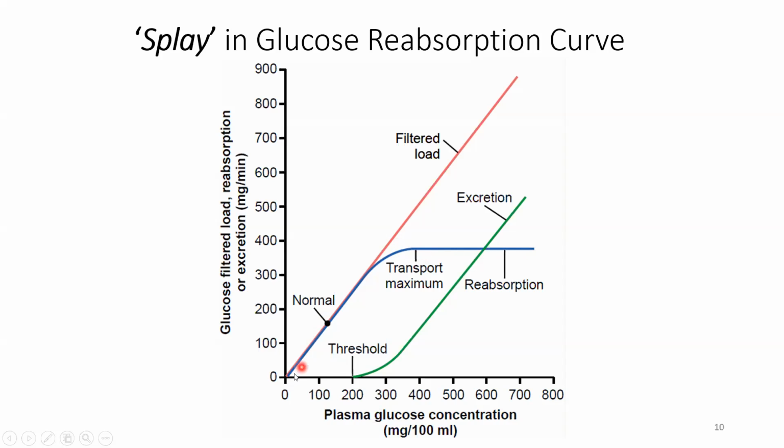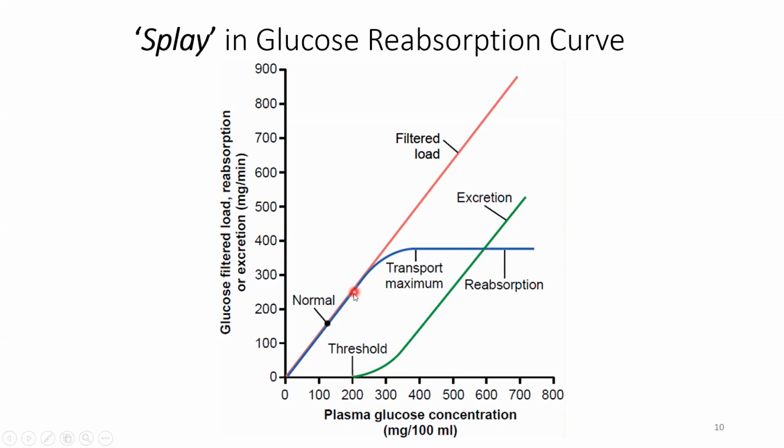Once again, before the threshold, the plasma threshold, which translates into a renal threshold of around 250-ish, as you can see here. This is the plasma threshold. This is the renal threshold, the tubular load at which the plasma threshold corresponds to around 250.